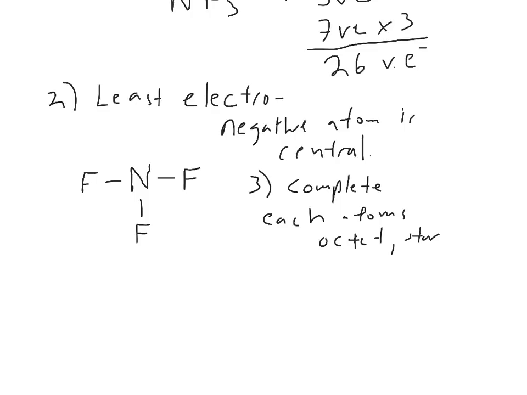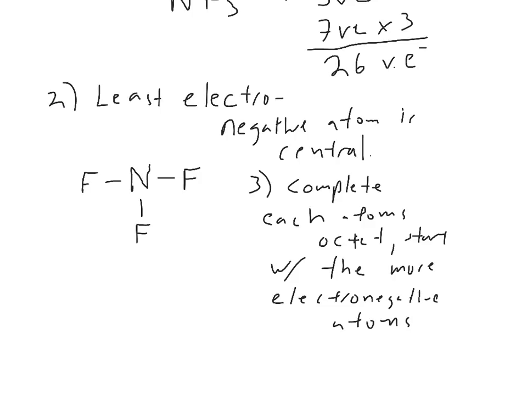Start with the more electronegative atoms. So doing that, 1, 2, 3, 4, 5, 6 around fluorine.